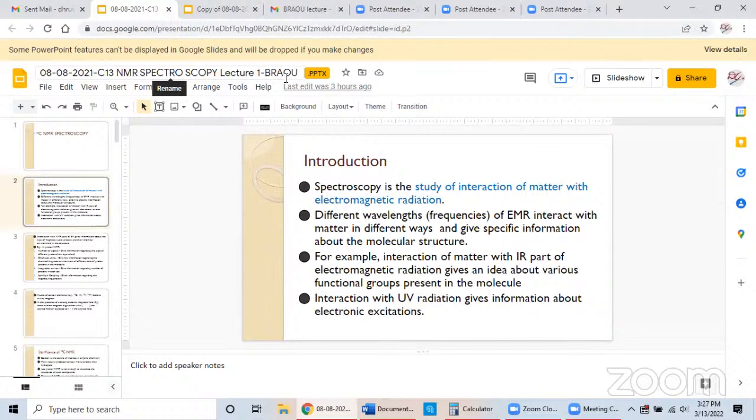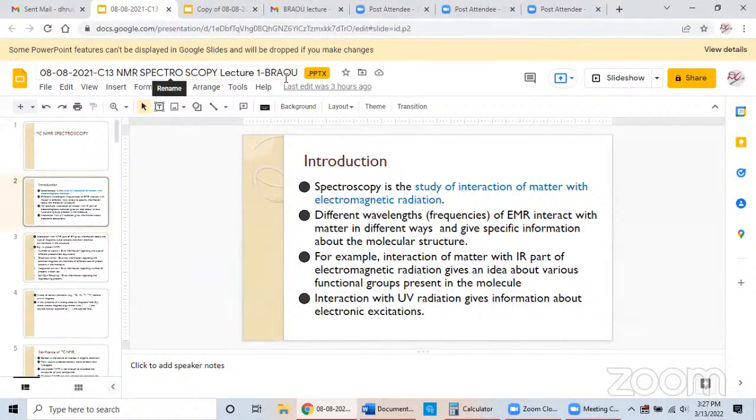What is NMR? The name itself suggests it is related to the nuclei of the different element atoms, the magnetic nuclei that are present in the molecule. What are the elements we normally come across in organic molecules?